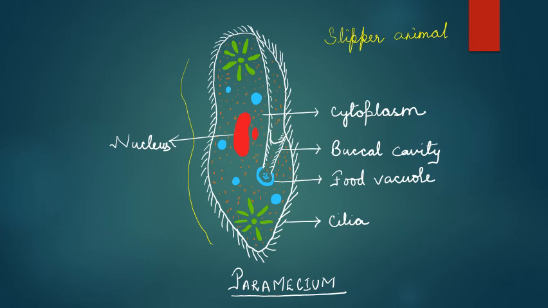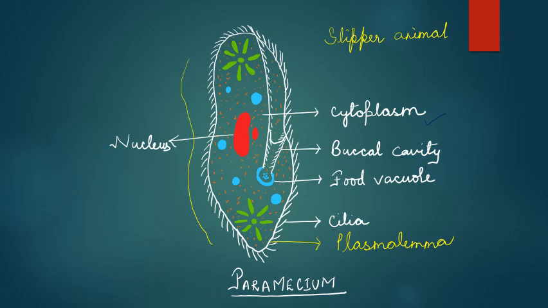Now let's have a look at its cellular structure. Its outermost covering is again the plasma lemma, as we have seen in case of amoeba. Then inside is the fluid which is cytoplasm. Then you must have seen a long buccal cavity.